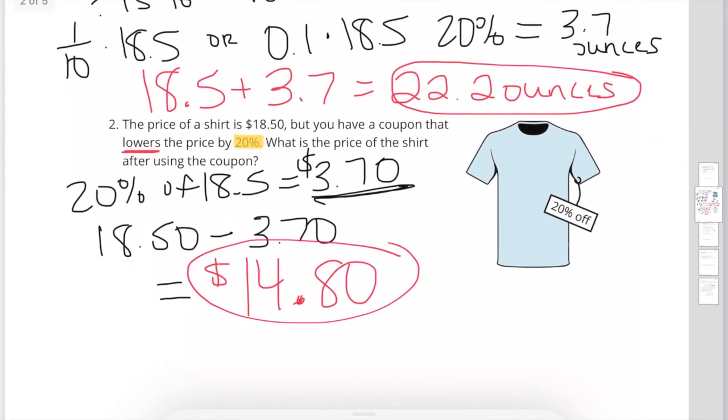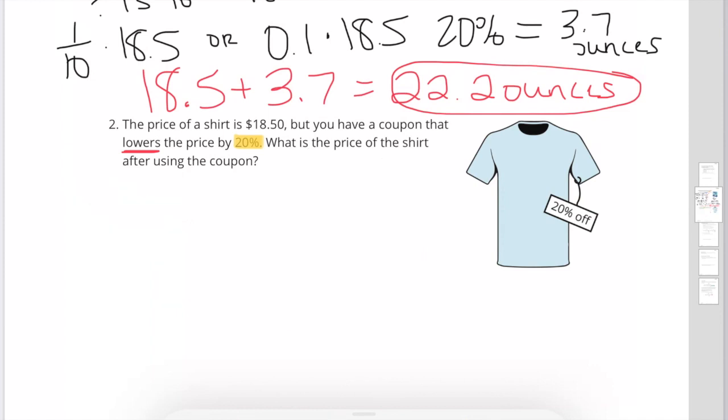I want to go back to this real quick. I want to show you the proportion way as well. So let's erase this. We know that percents are always out of 100. We know that our total price is $18.50.